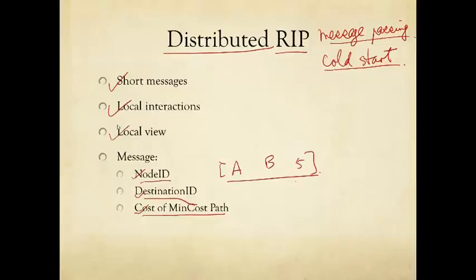And finally, at the conclusion of this protocol, each node only has a local view of the topology. For example, I ask a particular node A, you've successfully completed this Bellman-Ford calculation, can you please draw me the graph now? And it says, nope, I do not know the topology.